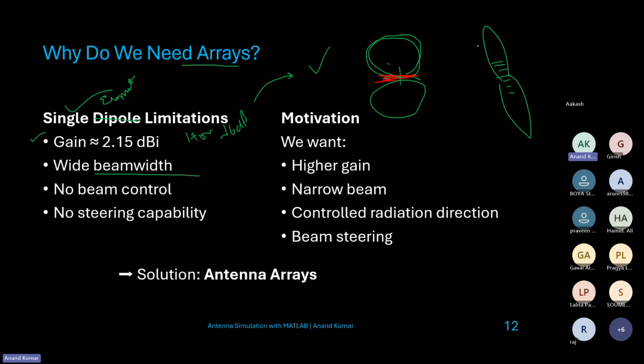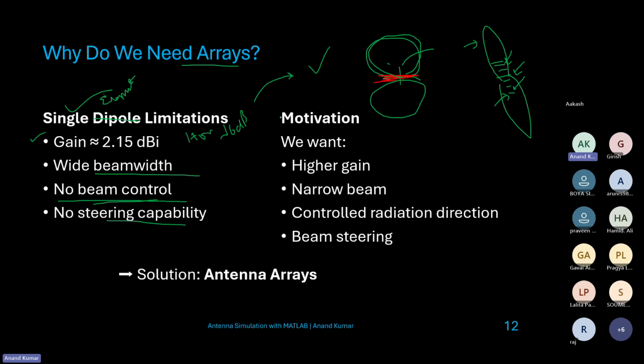So you can achieve a narrower beam width and a higher gain. And in dipoles, you cannot have any beam control. You cannot tilt the beam in different directions. But if you use an array and give different phases to each element and change the amplitude of each element, this would also allow beam control and steering capability.